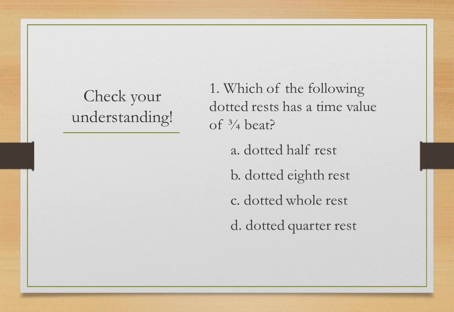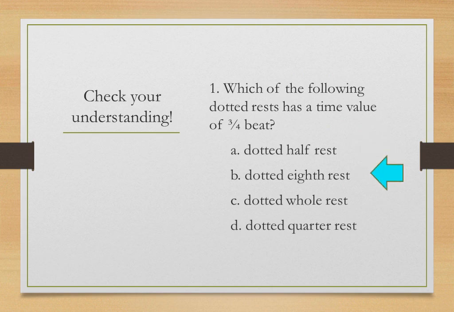Let's try to answer a few questions. Question number 1. Which of the following dotted rests has a time value of 3/4 bit? A. Dotted half rest. B. Dotted eighth rest. C. Dotted whole rest. Or D. Dotted quarter rest. The correct answer is dotted eighth rest.